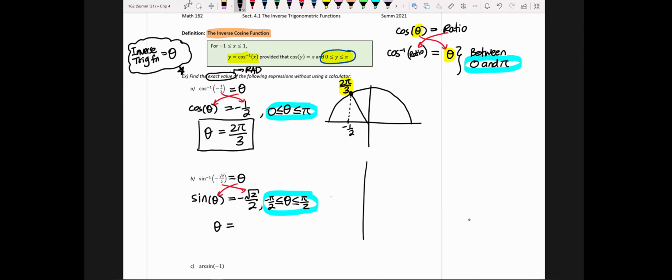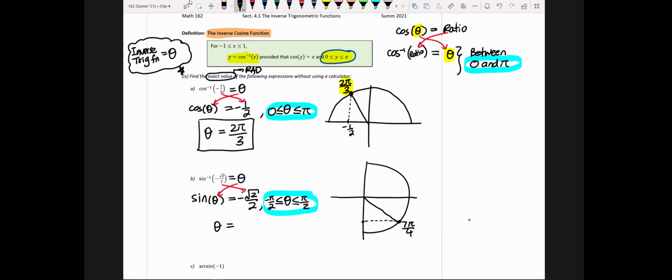Sorry, let me try to draw it as accurately as possible here. -√2/2, that's about -0.7. It's about here. The reference angle is 45 degrees. But we need to be between -pi over 2 and pi over 2. So this angle, we can say it's 7 pi over 4.